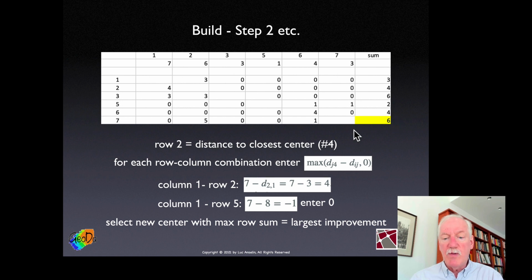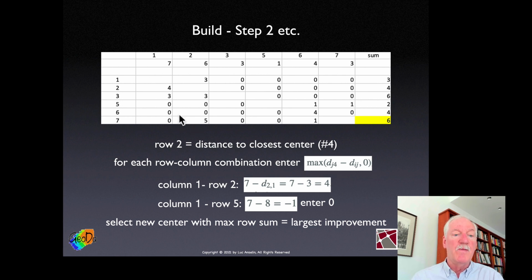And the way we get this is because we don't count negatives. So only when there is an actual improvement, so when the distance from this point to the new candidate point is less than the distance to the current closest center, do we count the improvement. If it's negative, we don't count anything.